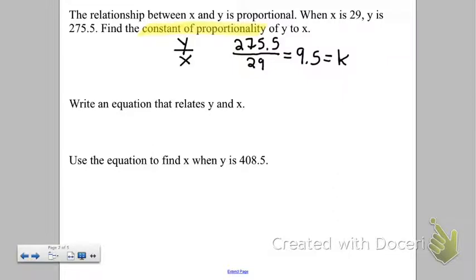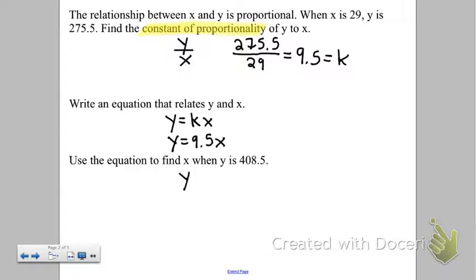Write an equation that relates y to x. Since it is a proportional relationship, my equation can be in the form y equals kx. So this could be y equals 9.5 times x. Now I can use the equation to find x when y is 408.5.